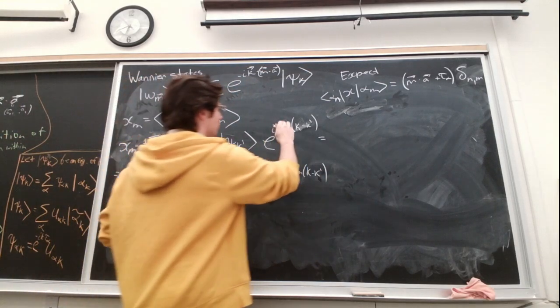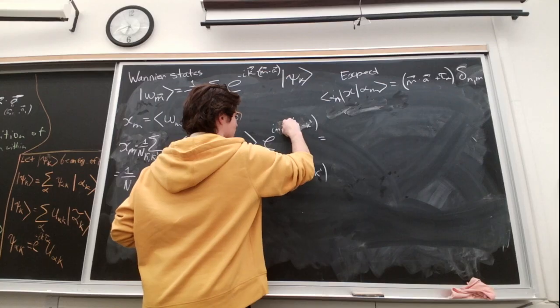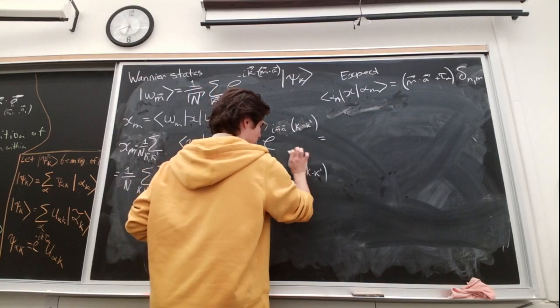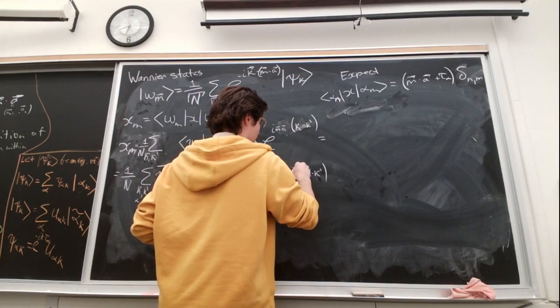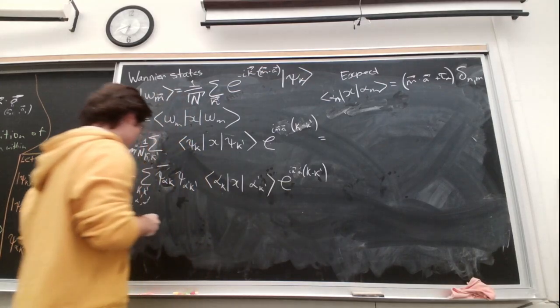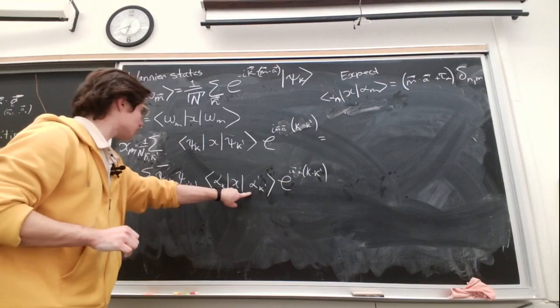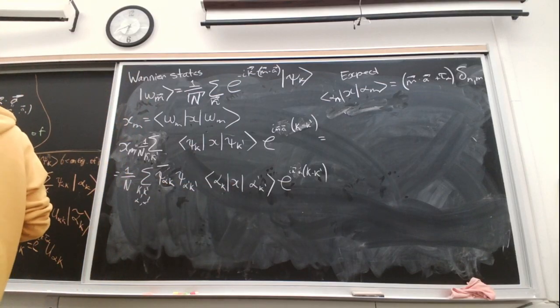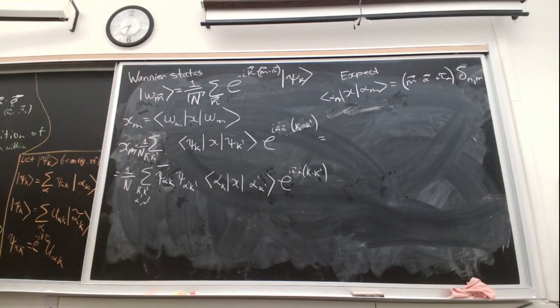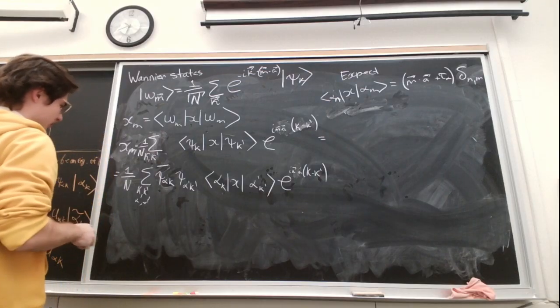And this should really be m dot a, to be more in line with what we've been doing before. Good. And now what I want to do is replace these once again with these Fourier transforms, and hopefully then we'll get what we want.